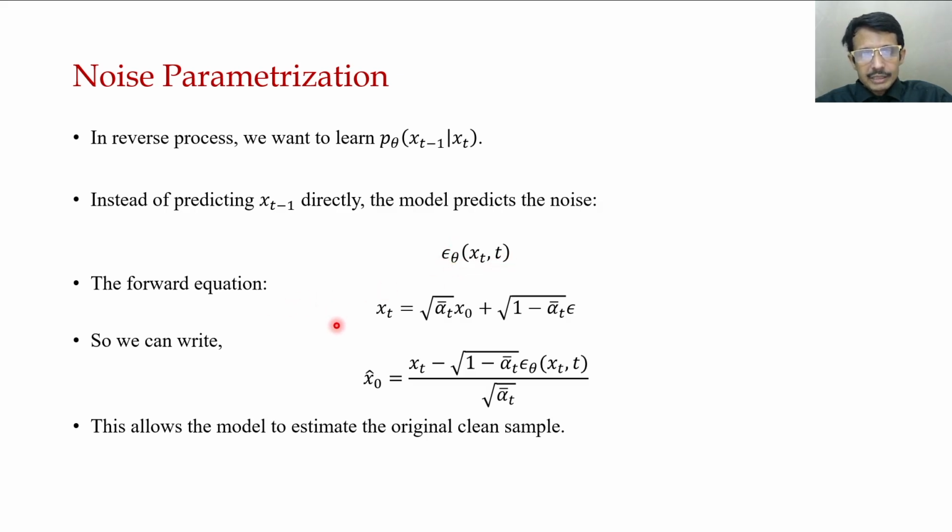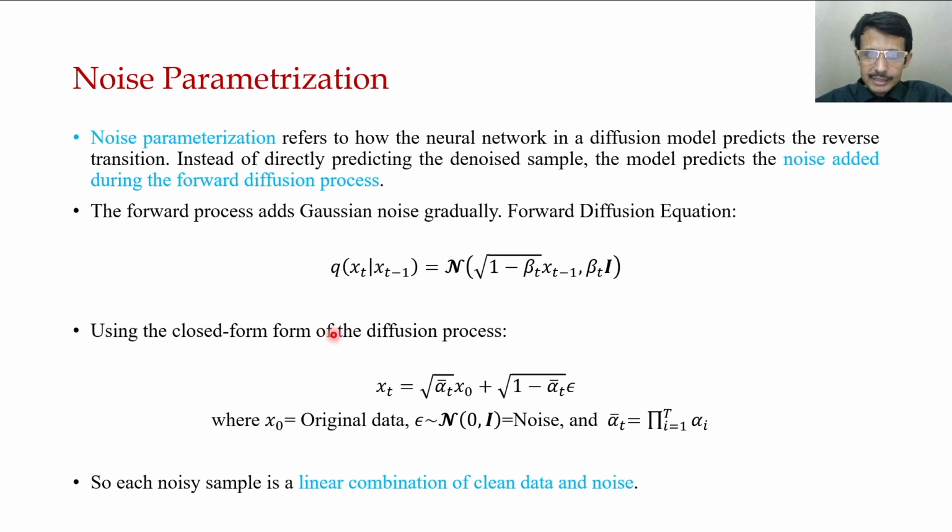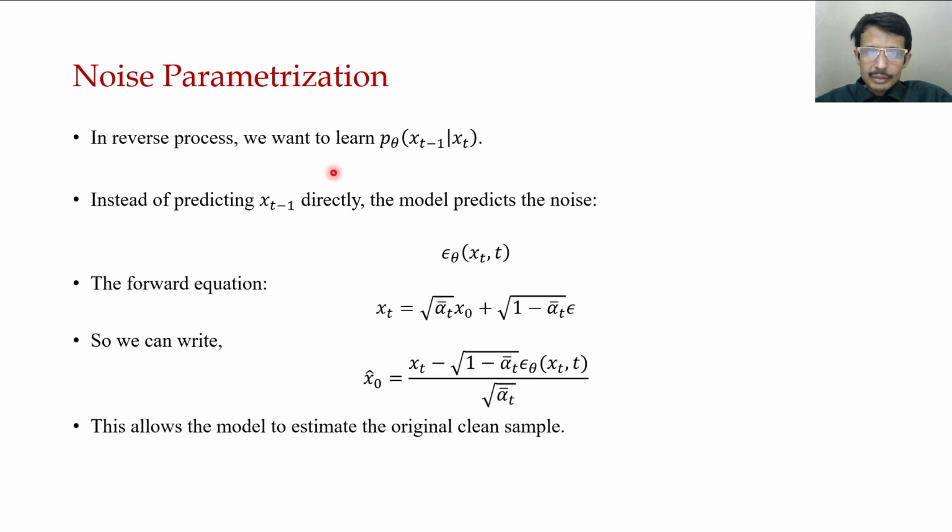So from this forward equation, xt is equal to root over alpha bar t x0 plus root over 1 minus alpha bar t epsilon, because we start with x0 and get xt. So we can write this for x0. Now it is x0 hat because we are reconstructing it.